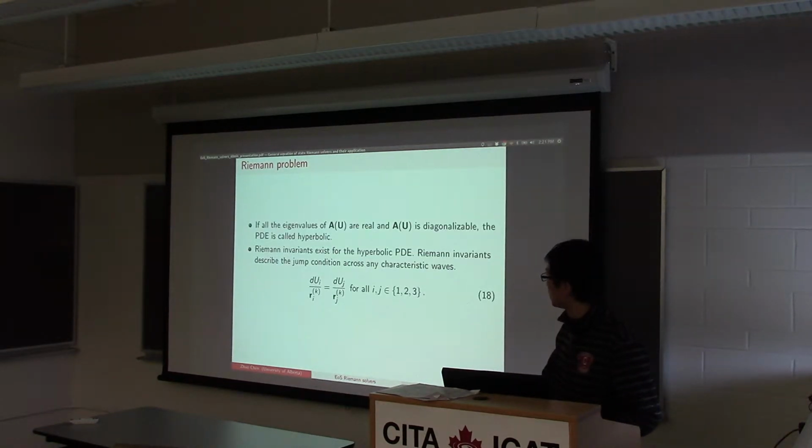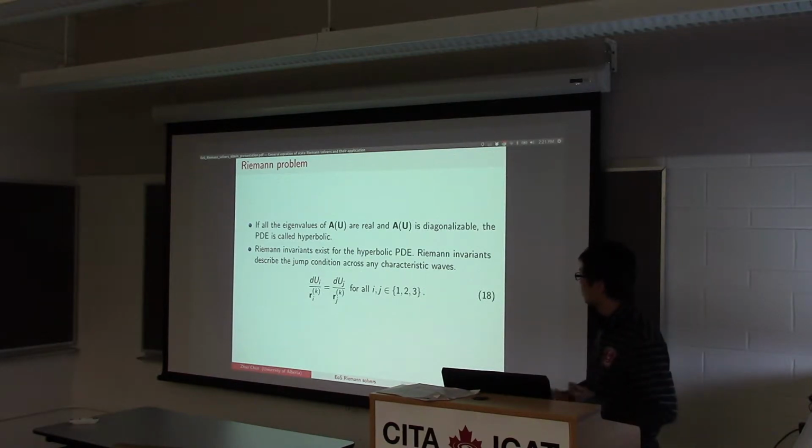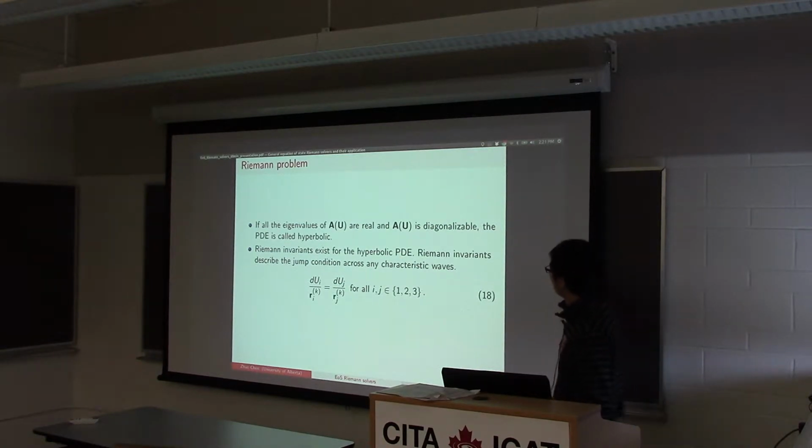If there's some mathematical background, the Riemann invariance can be applied to the Jacobian. It requires the Jacobian to be diagonalizable, and its eigenvalues must all be real. After that, we can apply the Riemann invariance.